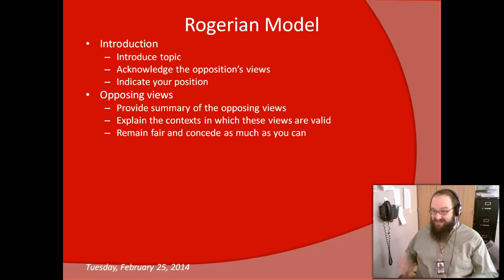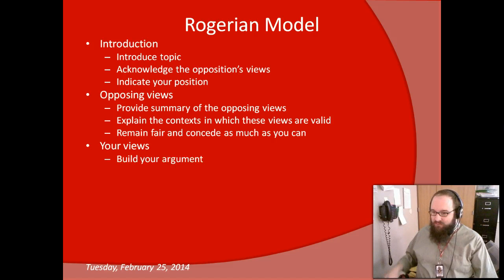Carl Rogers was actually a psychologist, and he studied argumentation from that standpoint, and he believed that the more concession we can make, the more we do to bring our opponents into an acceptable state of mind. That is a state of mind where they're ready to talk to us, they're ready to agree with what we have to say, that is paramount. So putting them in that state of mind up front will help us then do the next thing, where we explicate our own views. This is where we build our argument, we state claims and support them with reasoning.